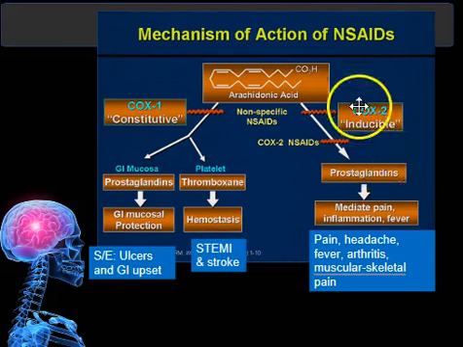And for COX-2, which is the inducible enzyme, that's our molecular target for pain, headache, fever, arthritis, musculoskeletal pain, and so forth. If you go back to all the cases that we've talked about, this is where all of these topics merge. This is a nice quick summary about COX inhibitors.